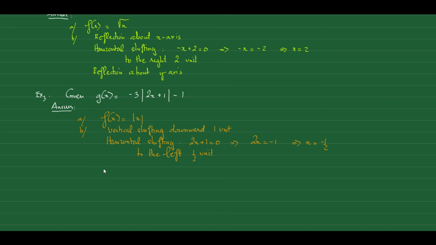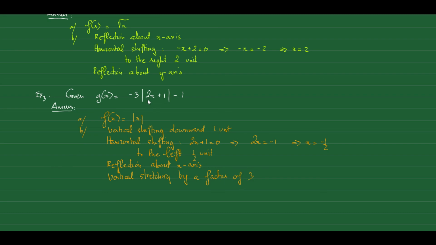We have reflection about the x-axis, because of this negative right here. We have no, it's not compression, we have vertical stretching, because of number 3 right here, vertical stretching by a factor of 3.